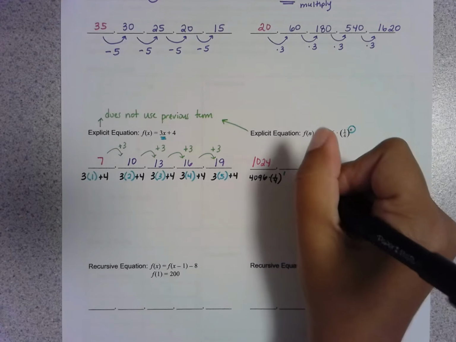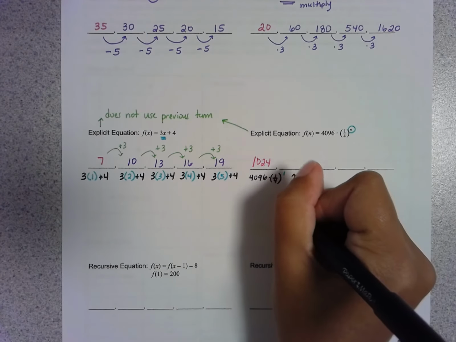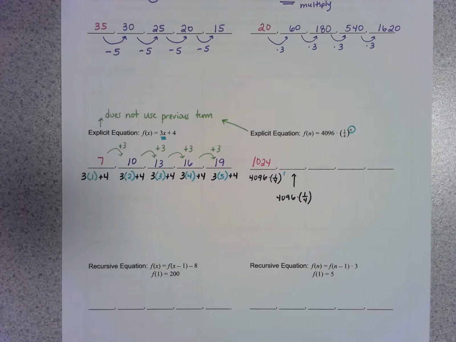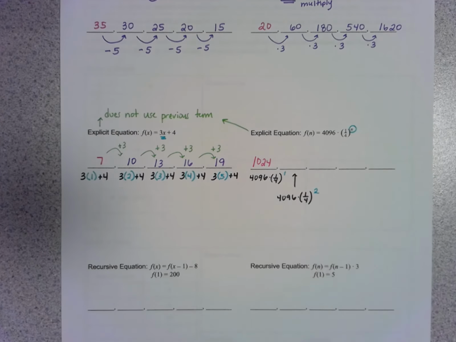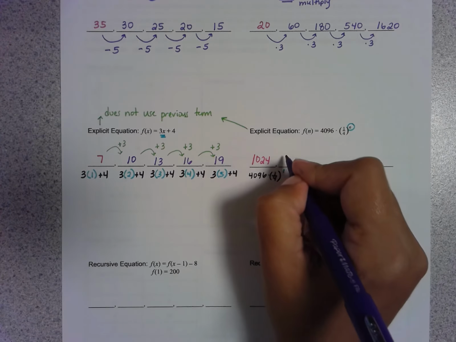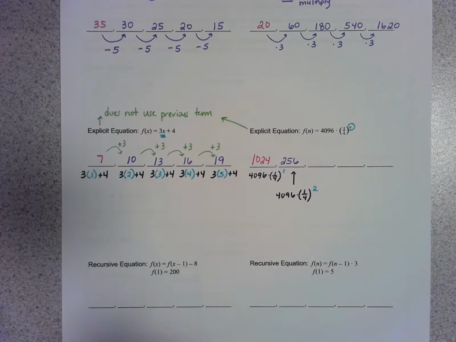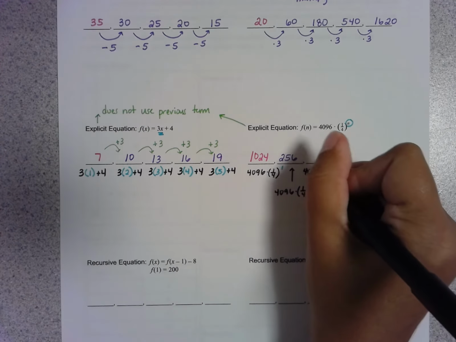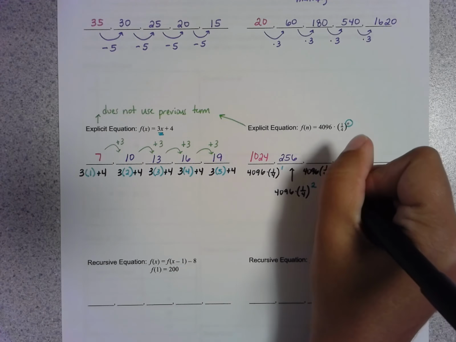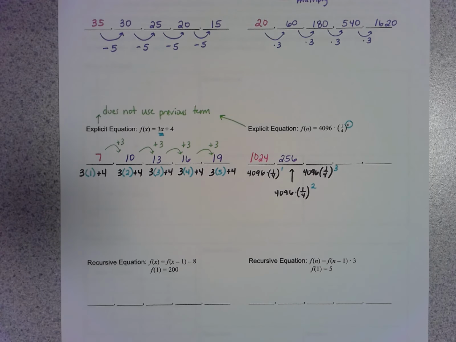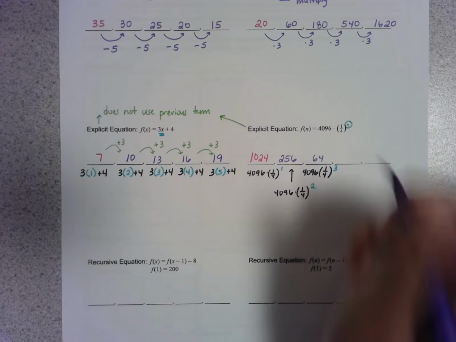And then for the next number, and I'm running out of space here, so I'm just going to give myself a little bit extra space by moving down, I would plug in the number 2. And if I type that in on my calculator, I get 256. Then for the next number, I would plug in the number 3. To the third. And if I type that in on my calculator, I get 64.